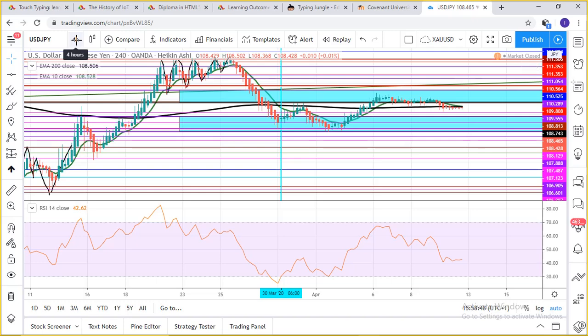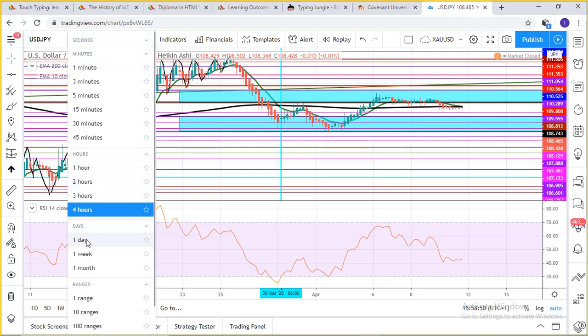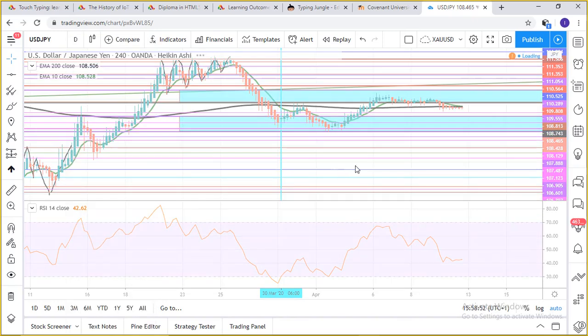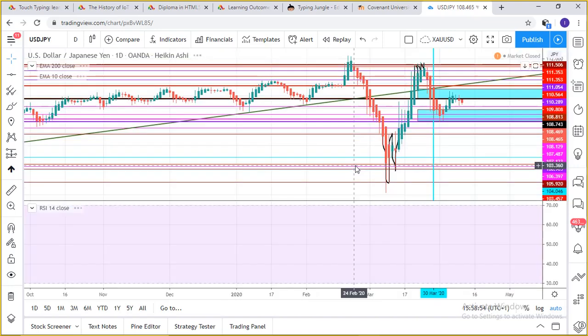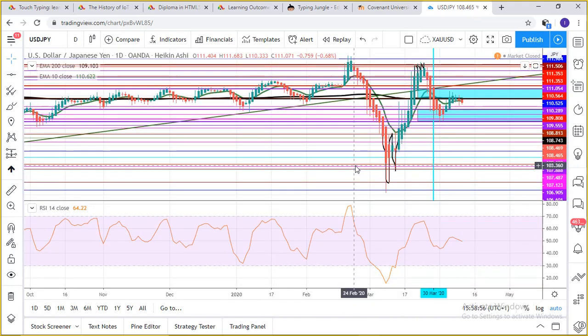Let me go back to it. Good. So we are still coming to this level. We still have how many pips? Because there is a tendency for it to sell.